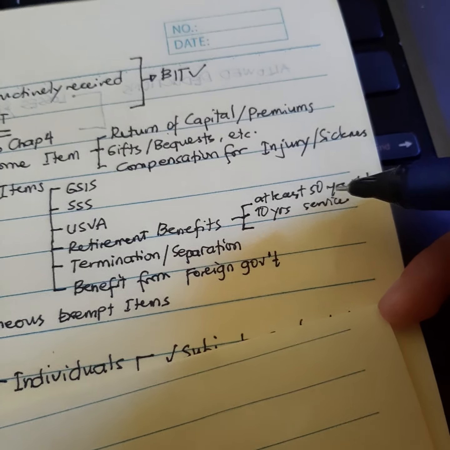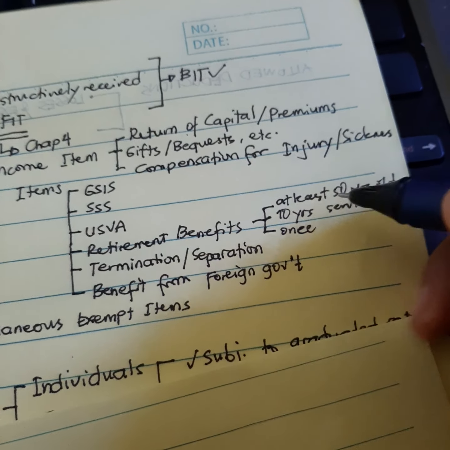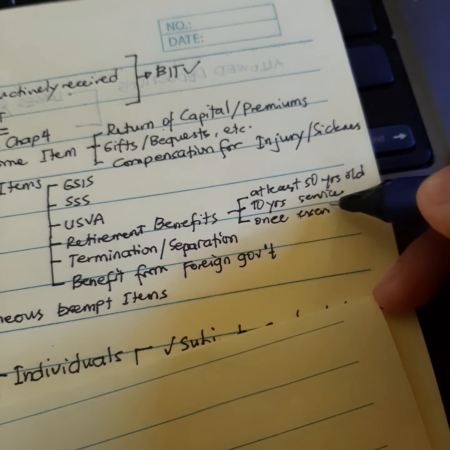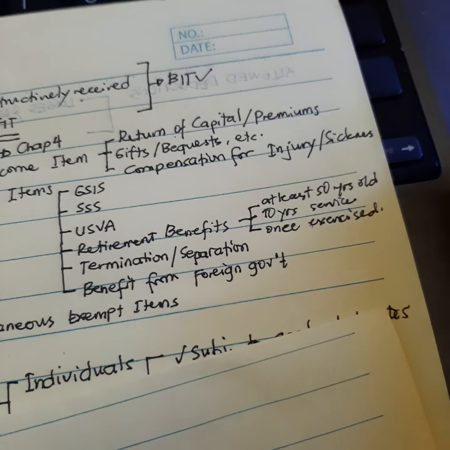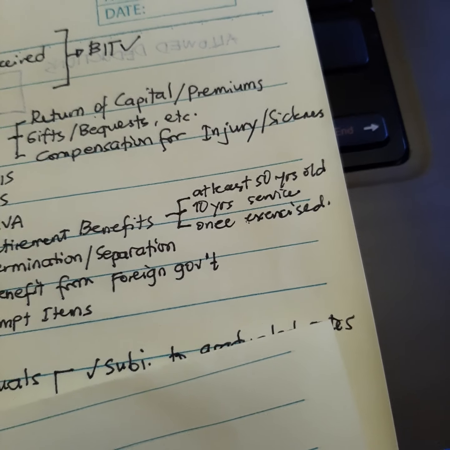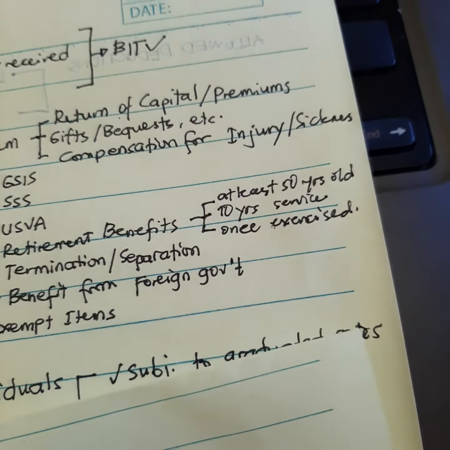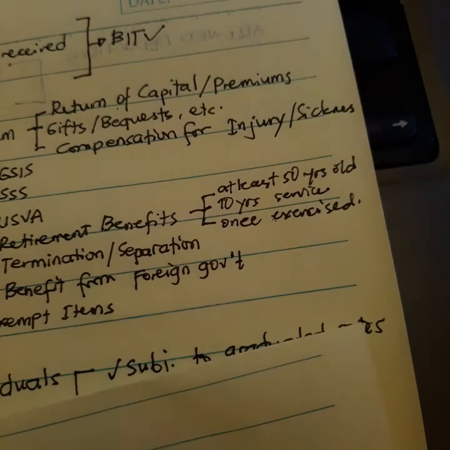And then the third one, para maging exempted talaga ito ay once lang pwedeng exercise. So, let's say for example, nag-retire ng 50 years old, naka 15 years of service. So, yung ibibigay sa kanya ng private company, ayun ay not subject sa tax.